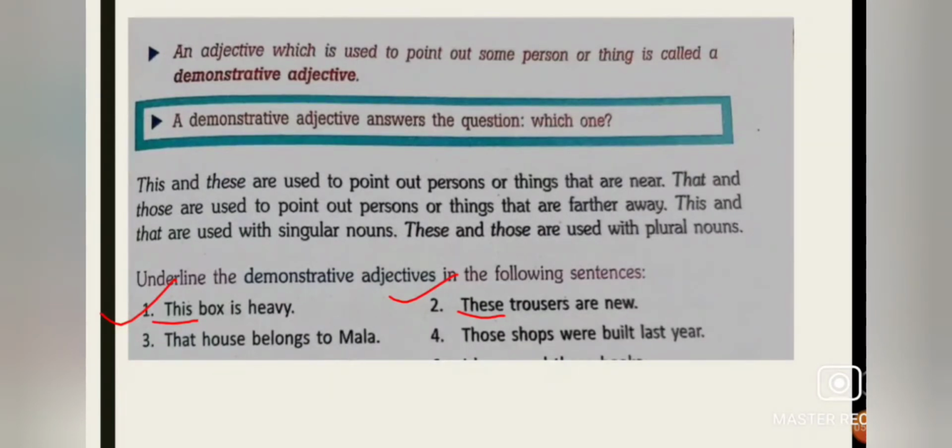In this sentence this is a demonstrative adjective. Number 2. This trousers are new. In this sentence this is a demonstrative adjective. So the remaining 3 and 4 you all have to say in the comment box if you can solve it. Okay.